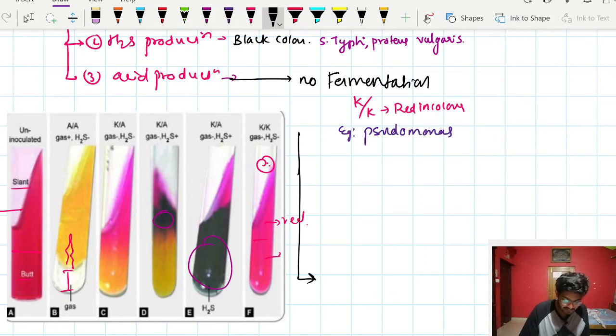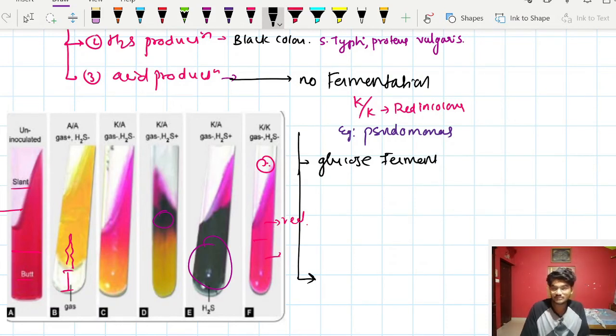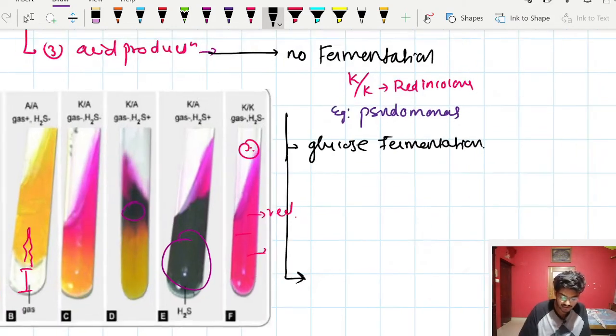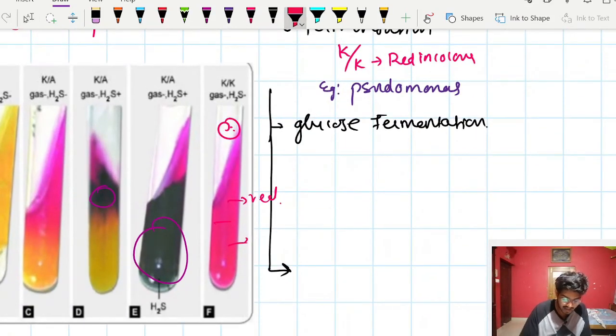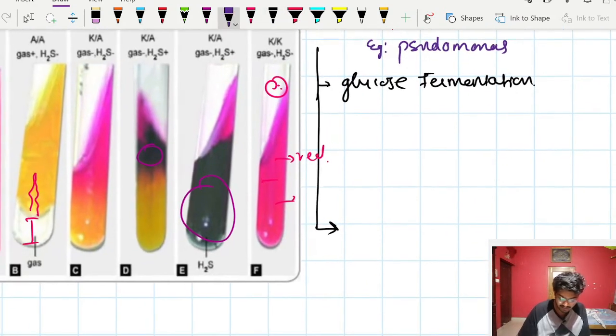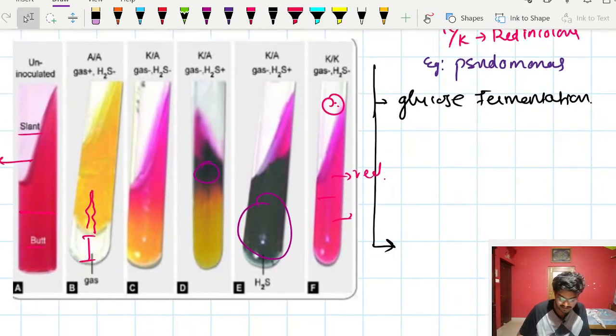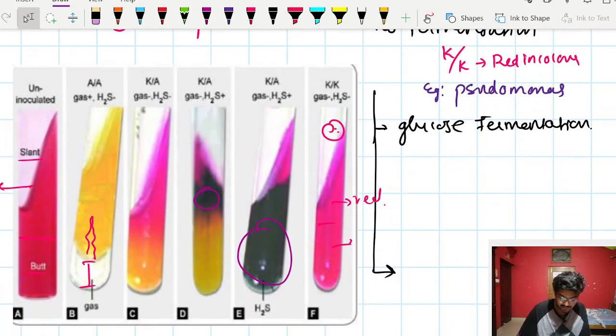Then when a microorganism produces only glucose fermentation, there will be only less production of acid. So in the butt there will be production of acid, but in the slant there will be alkaline. You see, this is the example.